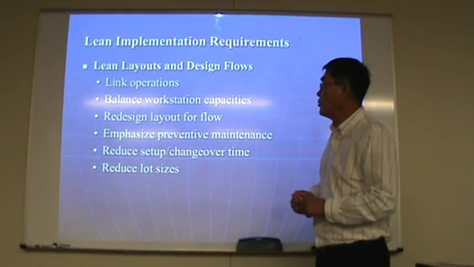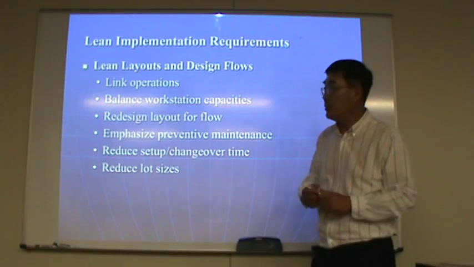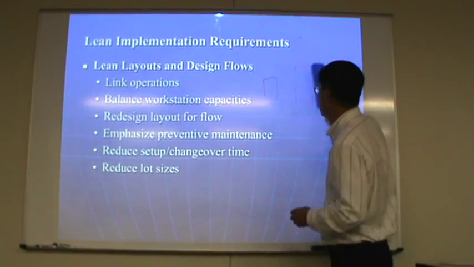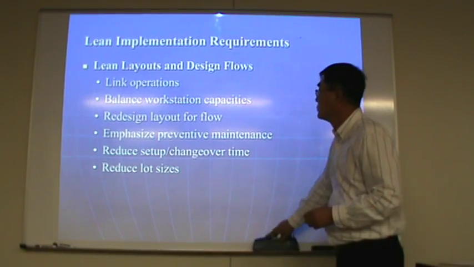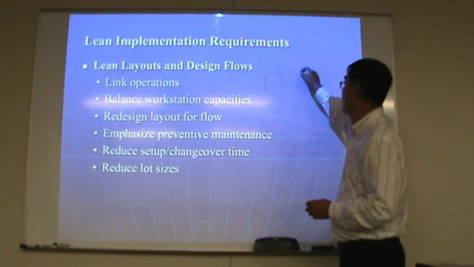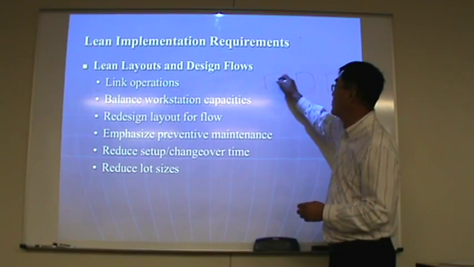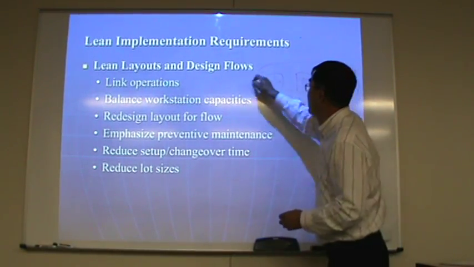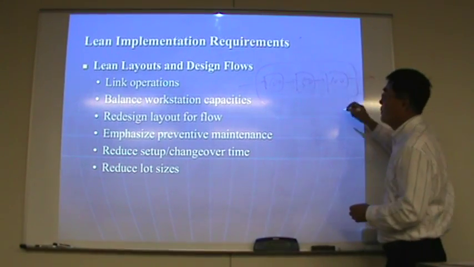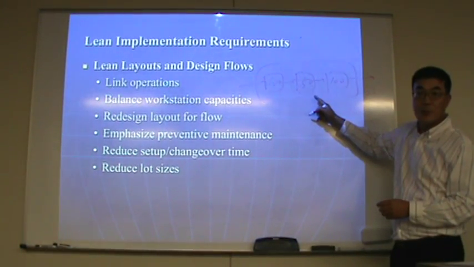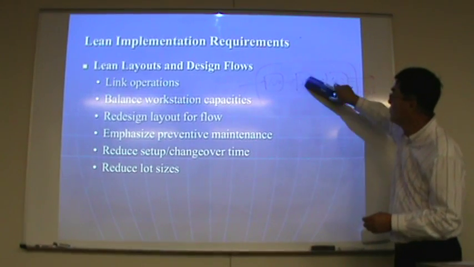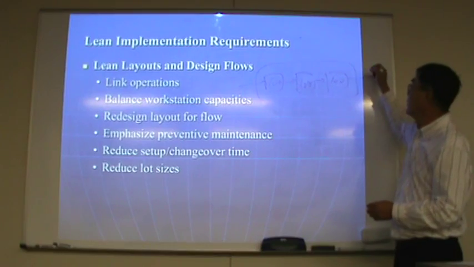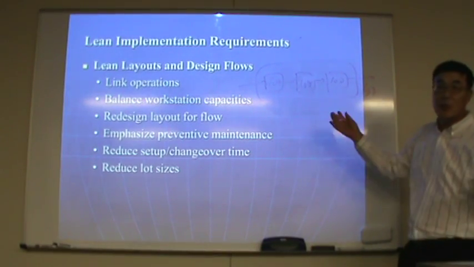And then balance workstation capacity. Do you remember? Capacity is 150, 100, then total system capacity is 50 because of this one, right? So improve this one by balancing, then this one will be 100. No waste, right?